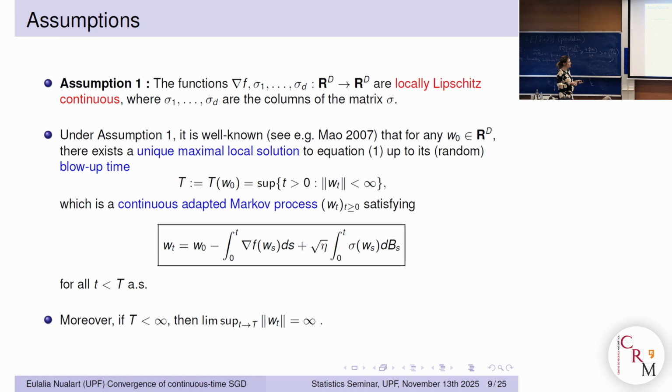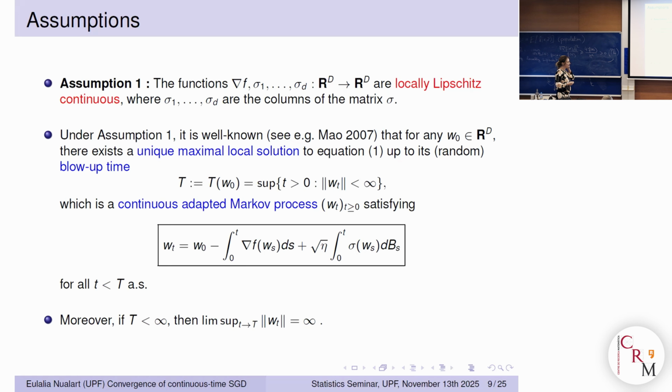Now the question is, here we have minus the gradient that pushes you to the minimum. So can we ensure that the solution will not blow up if you start sufficiently close to the minimum? With a certain probability, we managed to prove it, but we don't have an almost sure result, because it's difficult to prove that the pushing of the equation to the minimum will beat the fact that the equation may explode.